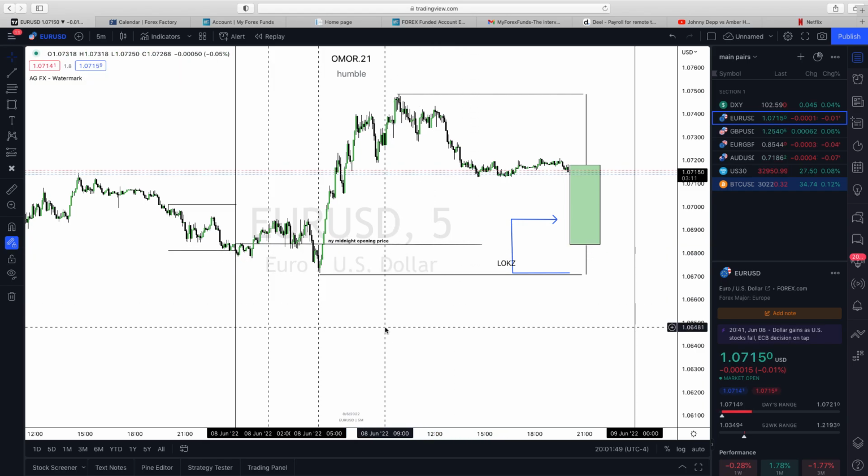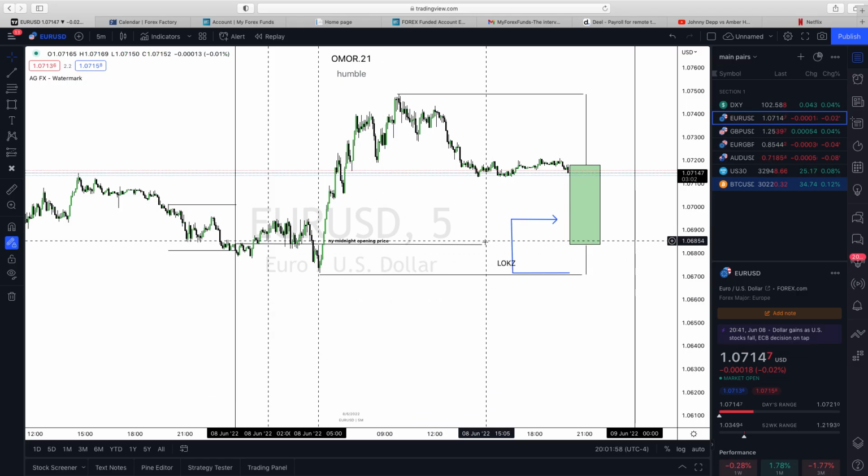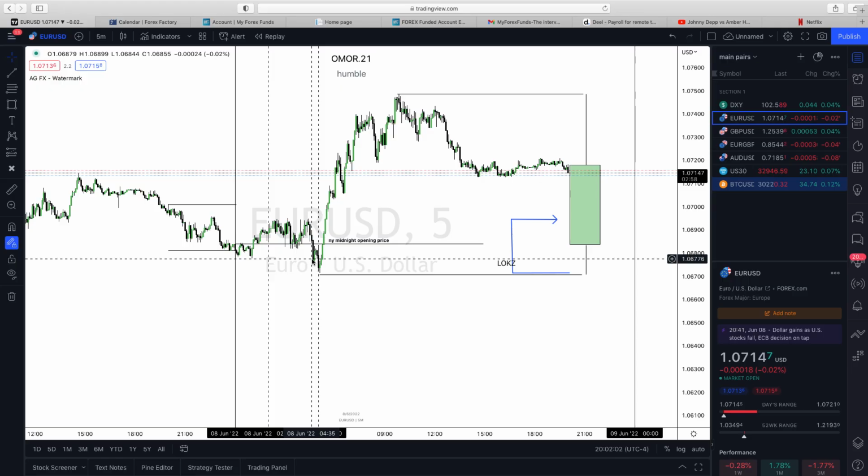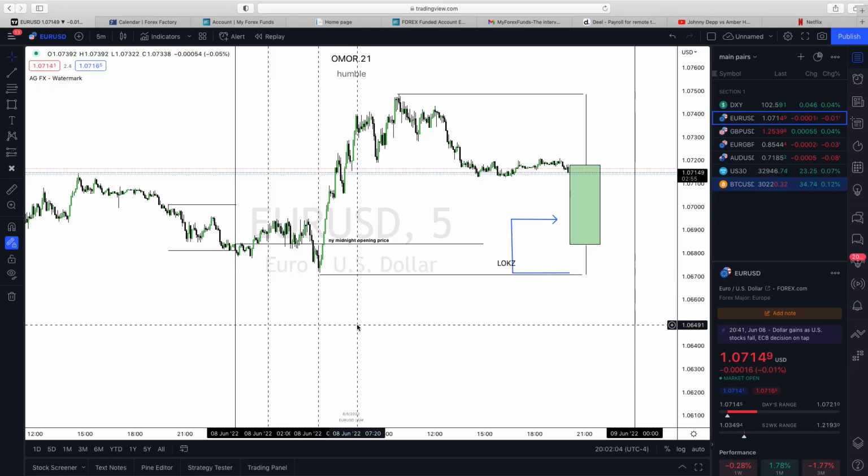How long and how low does the price stay below this midnight price? It doesn't stay below the midnight price for long, does it?